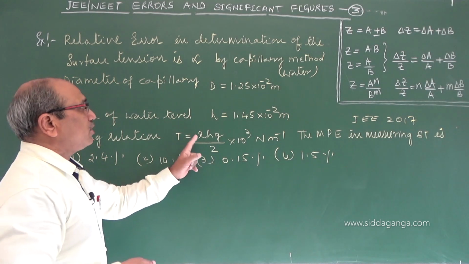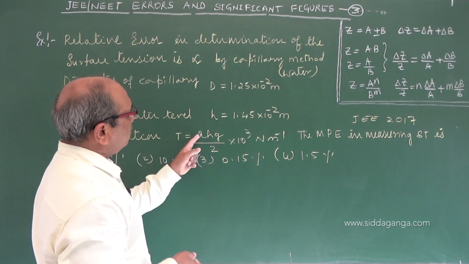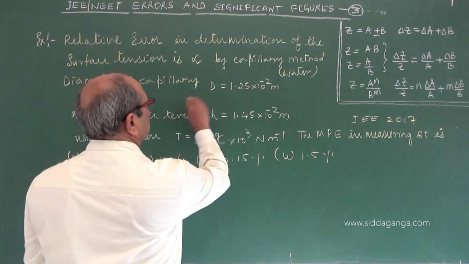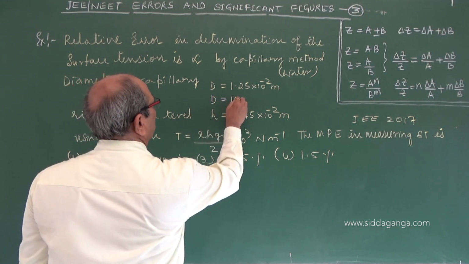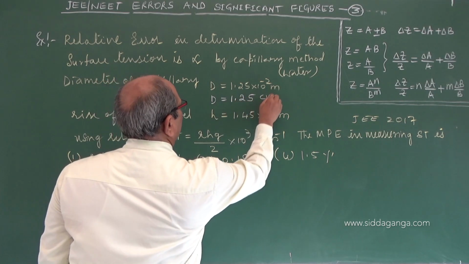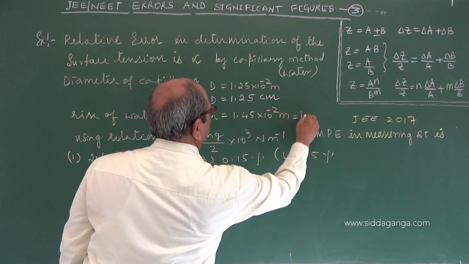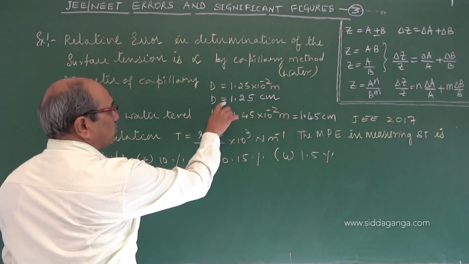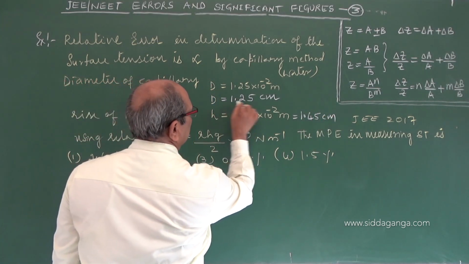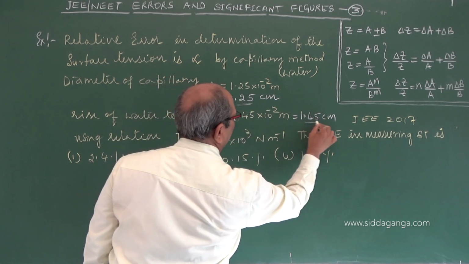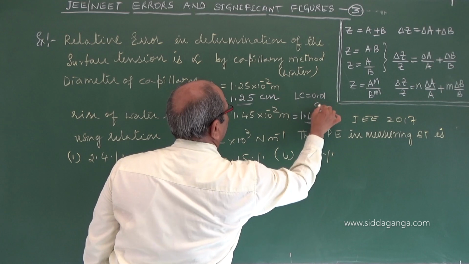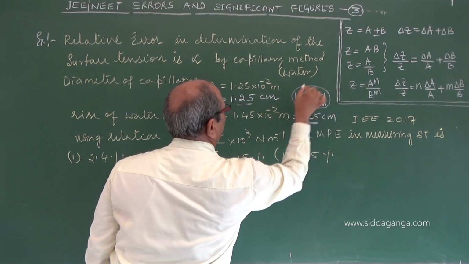Sometimes they won't give radius, they give diameter, no problem, you substitute d by 2r. So this diameter 1.25 is in centimeters, and this is also in centimeters, so both are measured in length. The least count is 0.01 centimeter for both of them.